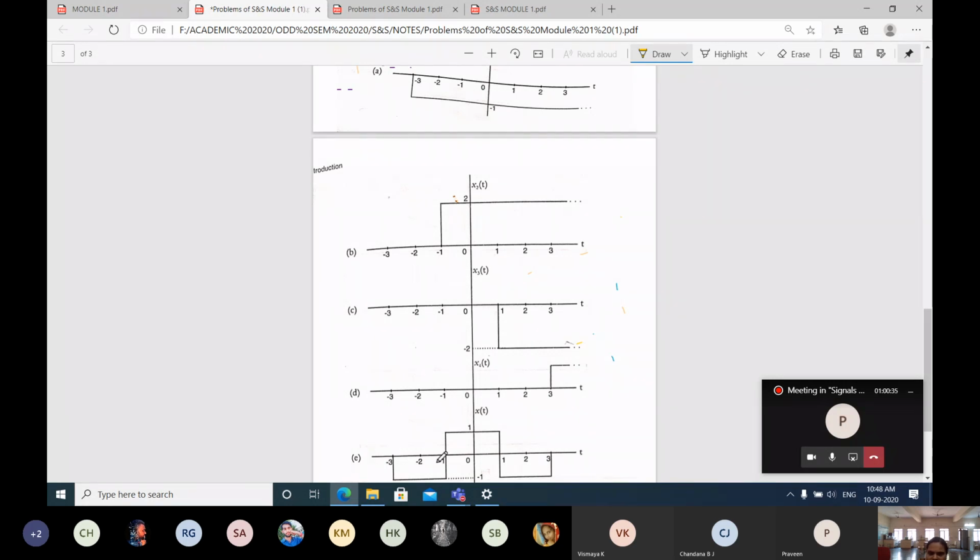Take from -3 to, in the positive part, you already got all the signals. Here all are 3. You can take 4 also, okay? No problem. Fix the range, okay? Then observe the figures, all the figures.